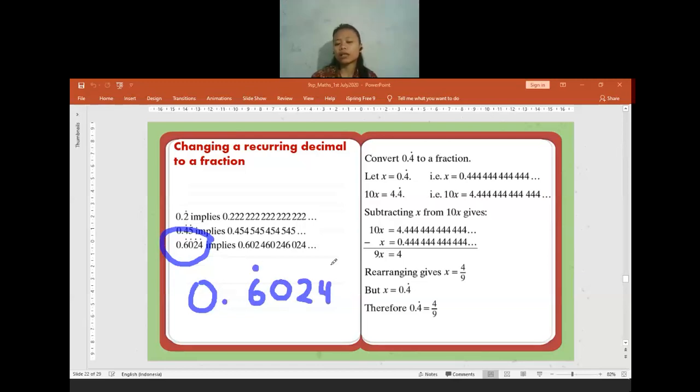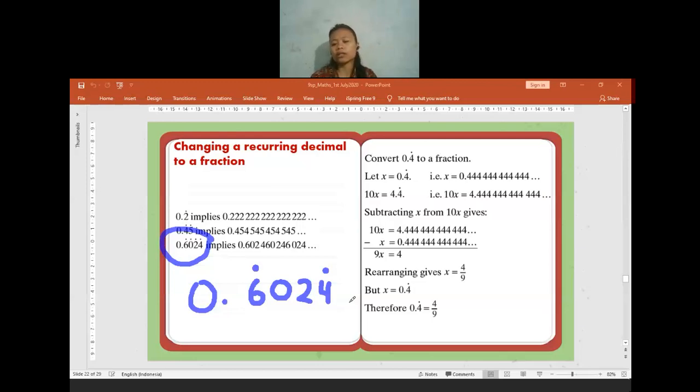So you can write it in either way. It will be up to you. You can write 0.6024 with all of the digits dotted, or you can just write it with the dot at the very first and the very last digit that will be repeating. It will depend on the question, and it will be up to you.